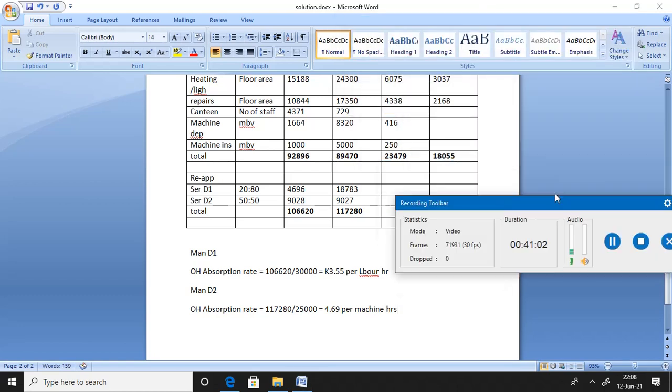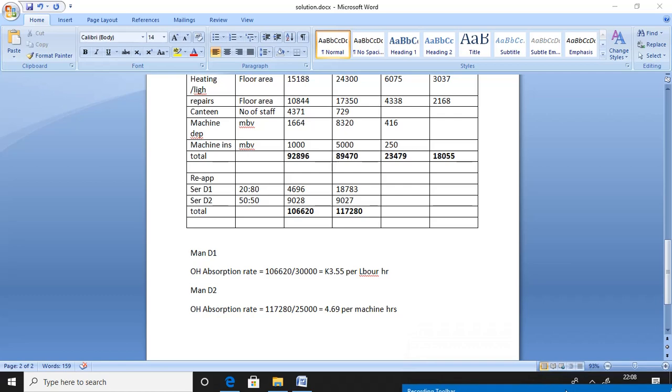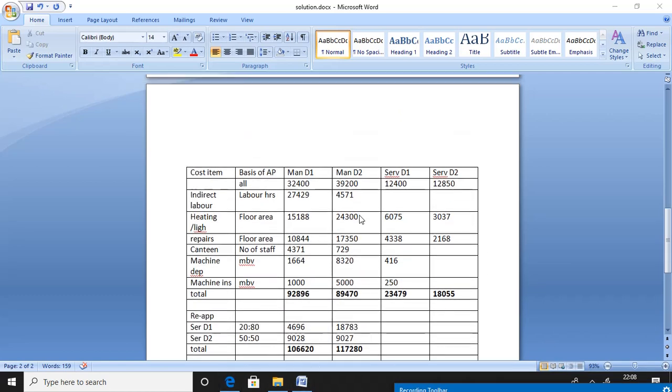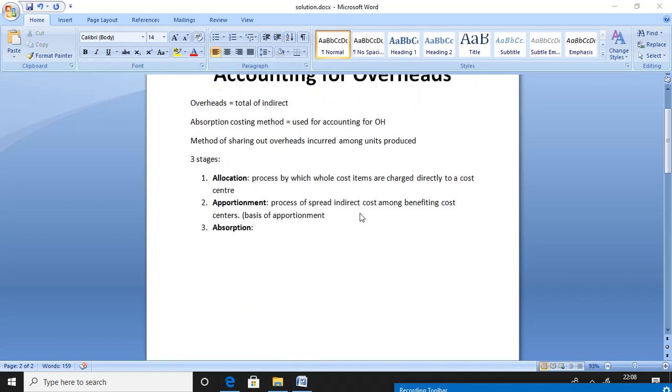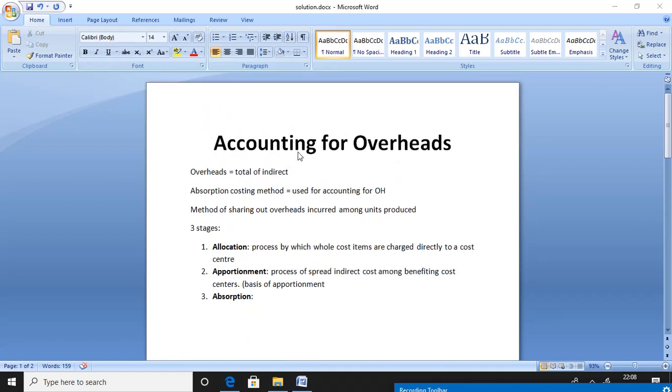And that brings us to the end of this topic and question. We've looked at overhead analysis in a topic called accounting for overheads. Overheads are just the total of indirect costs, and the absorption costing method is the method used to account for overheads.